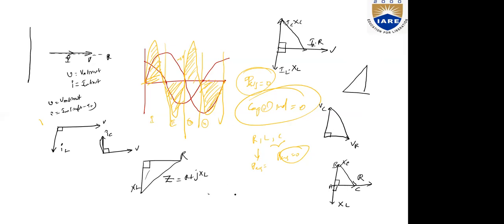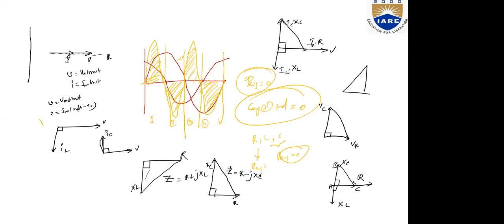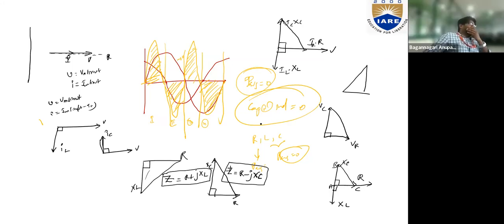This is XC, this is R, this is 90 degrees, and this is Z. What is the equation we write here? R minus jXC. This is how we write impedance triangles.